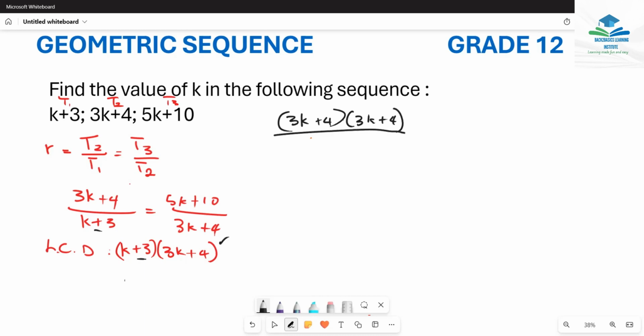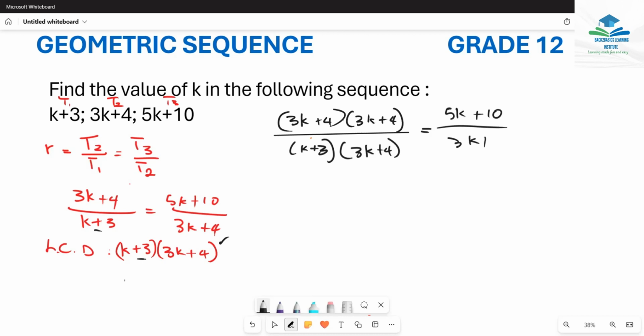And then in your denominator, remember you had k plus 3, and now you multiply it by 3k plus 4. So that is going to be this one. Then similarly here, you have 5k plus 10 divided by 3k plus 4.